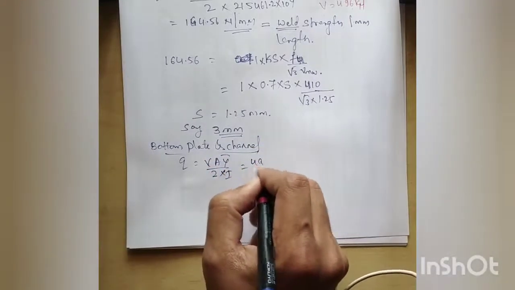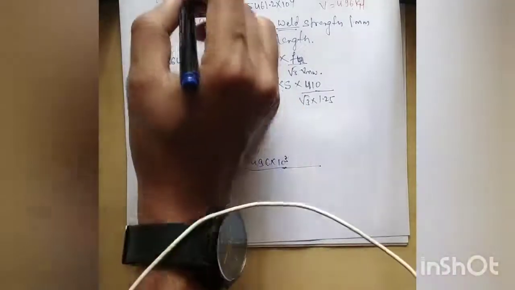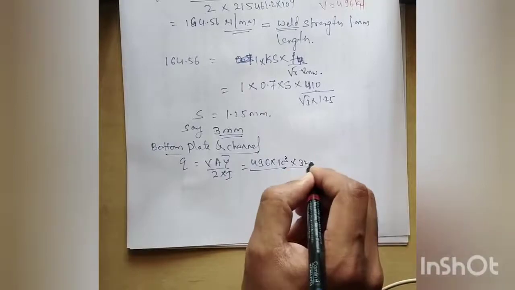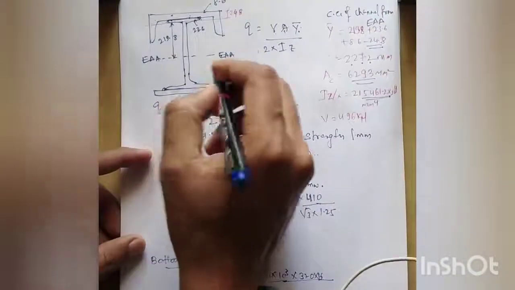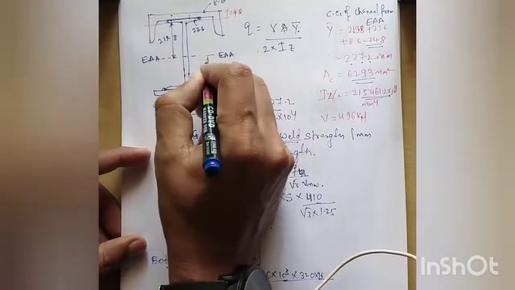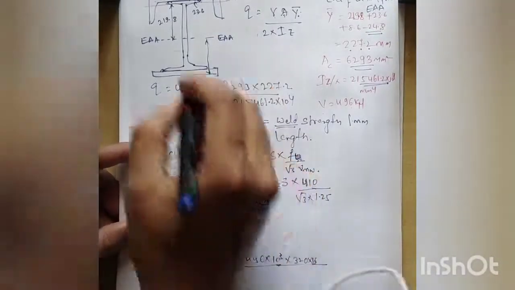So that is 496 into 10 to the power 3, whole divided by, now area of the plate is 320 into 16. Now coming to the y bar, it is nothing but the distance of this area from equal area axis.